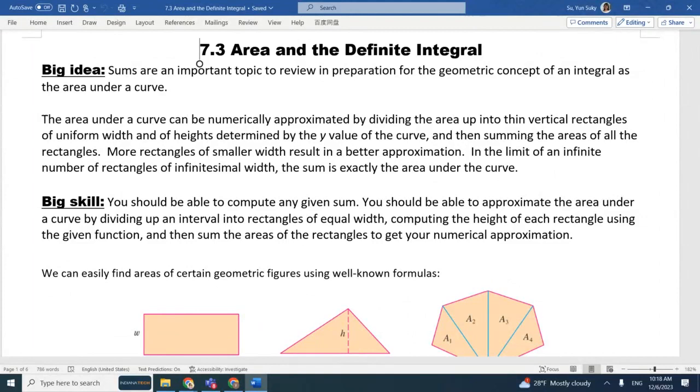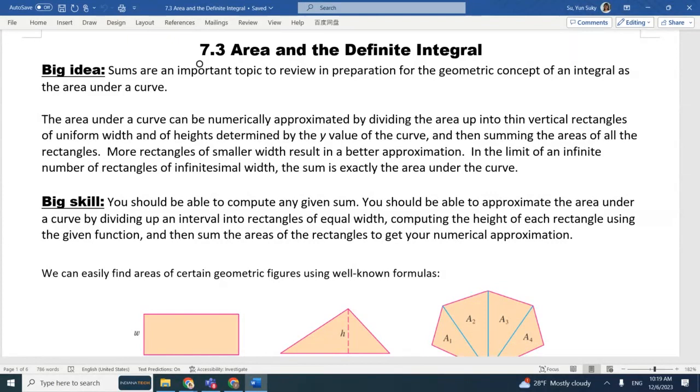The area under a curve can be numerically approximated by dividing the area up into thin vertical rectangles of uniform width. Uniform means the same width, and they have different heights based on the function value.